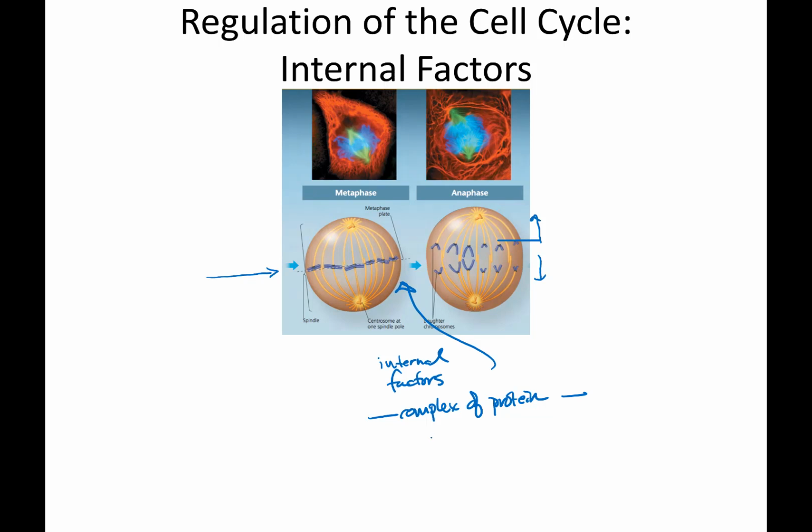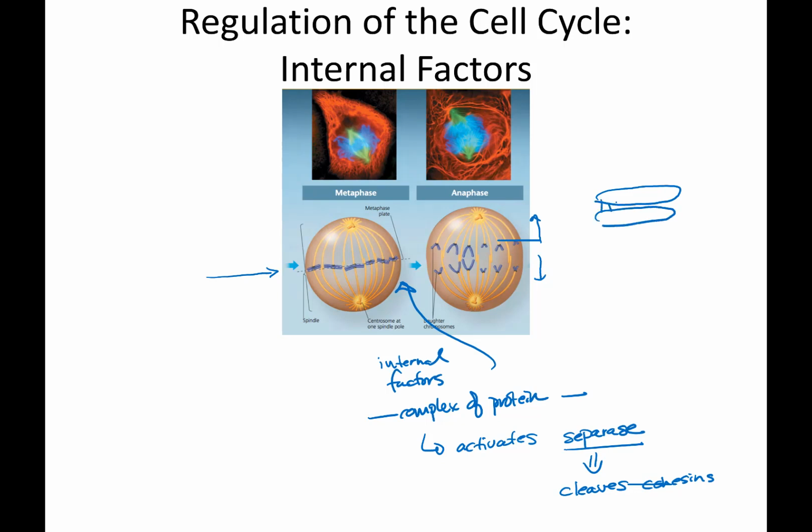And this complex of proteins, for one, activates an enzyme called separase. What separase does is that it cleaves cohesins. Remember, cohesins are what keep the sister chromatids stuck together, right?